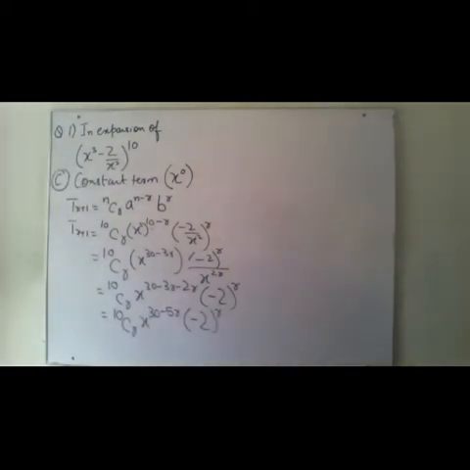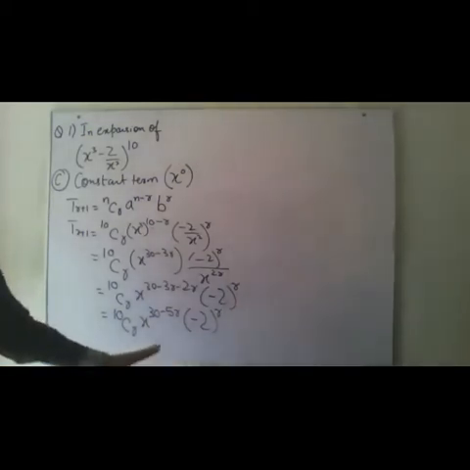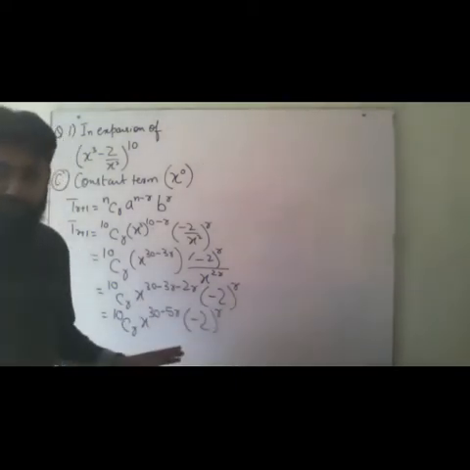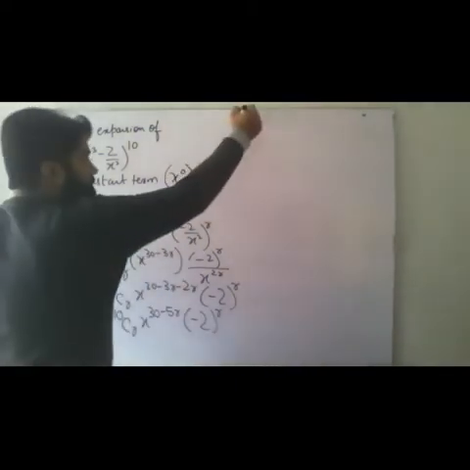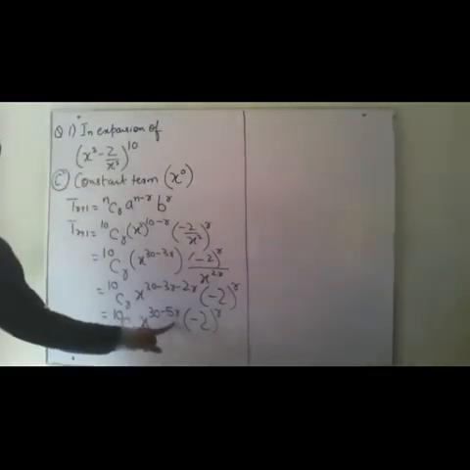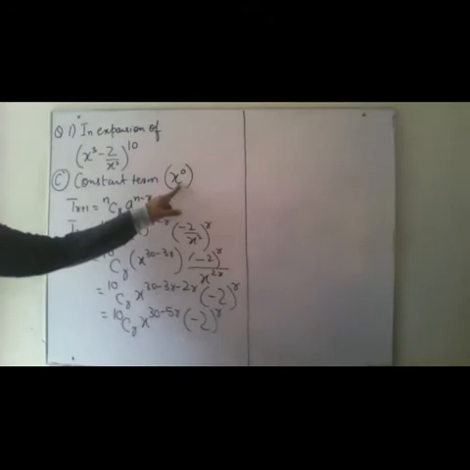This is the needed general form, which I have got over here. I don't have the value of r, so I can't put it over here, I can't simplify it. Now x^(30 minus 5r), but what I need is x power 0.